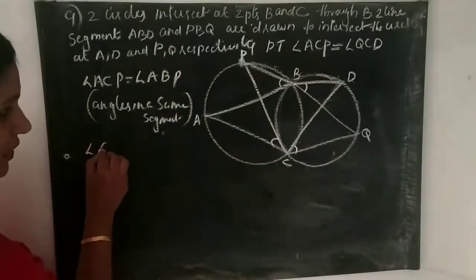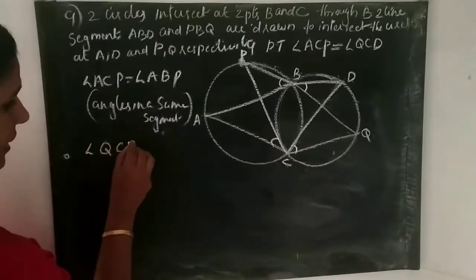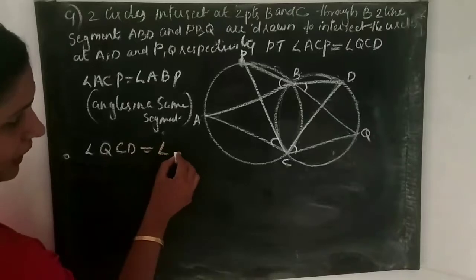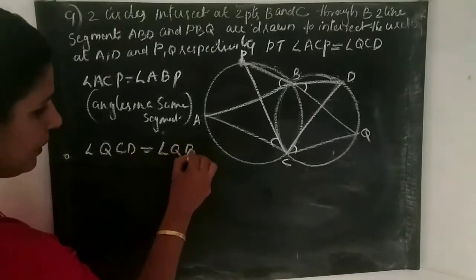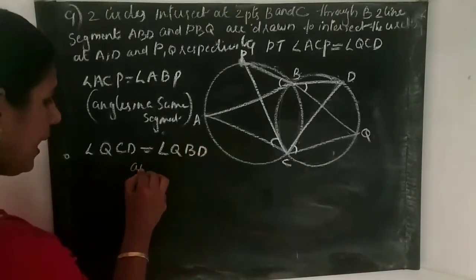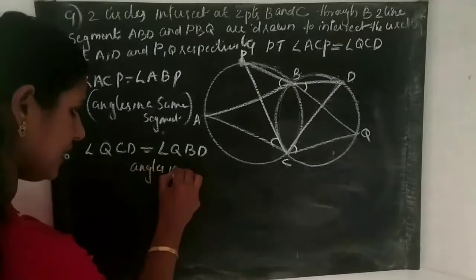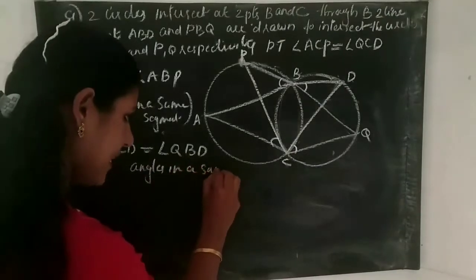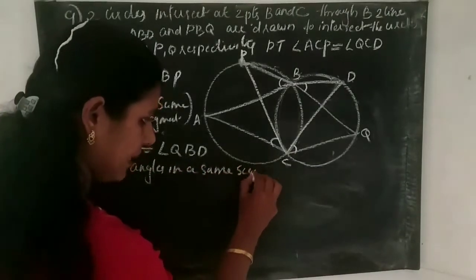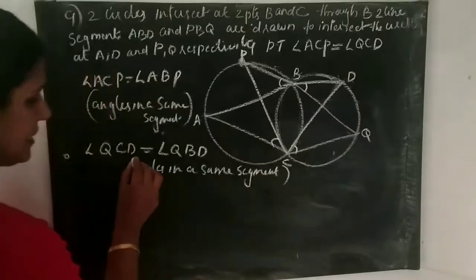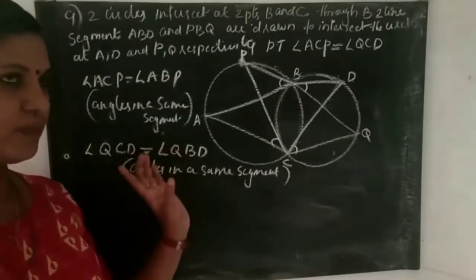That is, angle QCD equals angle QBD. That is also angles in the same segment.